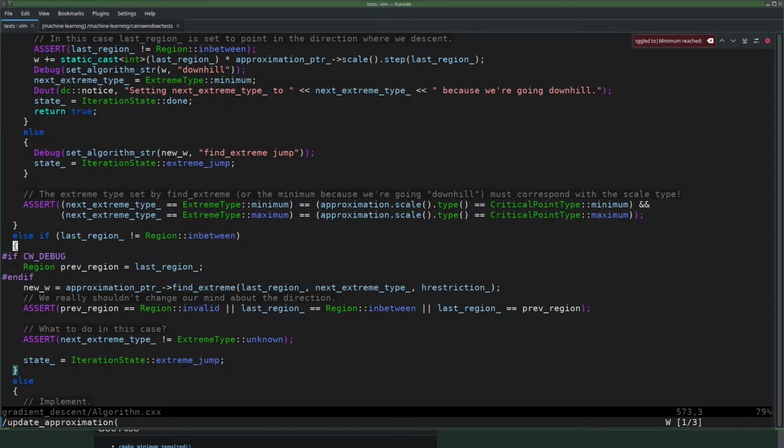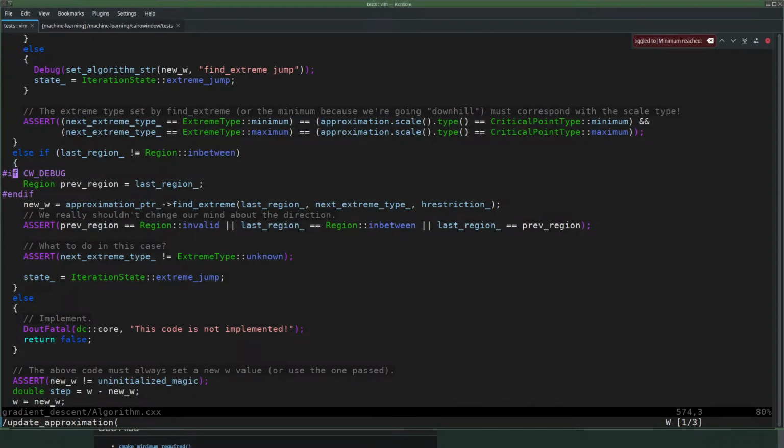So yeah, last region is invalid. Now I think this block was written for last region being not in between, but being defined, not invalid. So this must be really like it's equal to left or right. However, if it is invalid, then I just want to call find extreme as well.